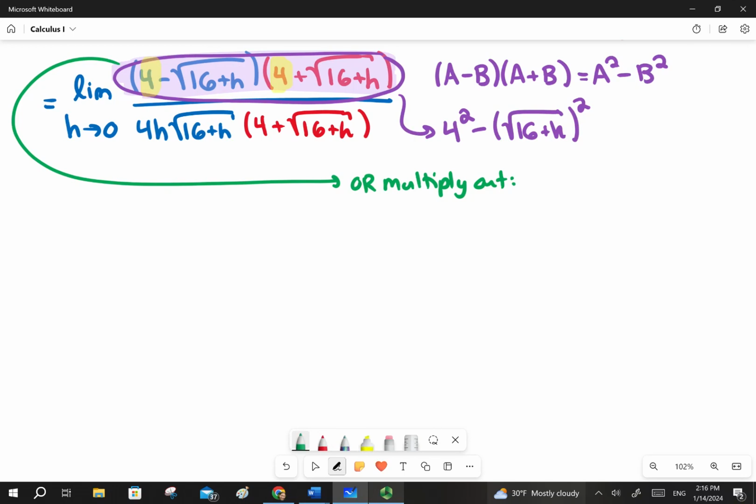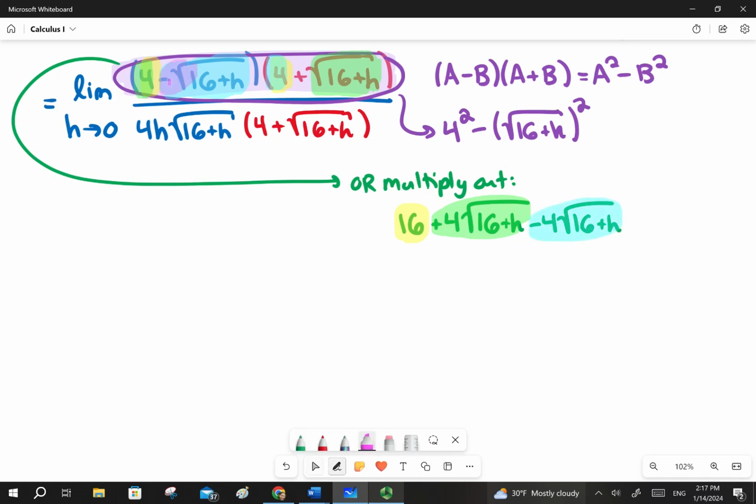First, 4 times 4 is 16. Outer, 4 times the square root of 16 plus h is 4 square root 16 plus h. Inner, 4 times negative square root of 16 plus h is minus 4 square root of 16 plus h.